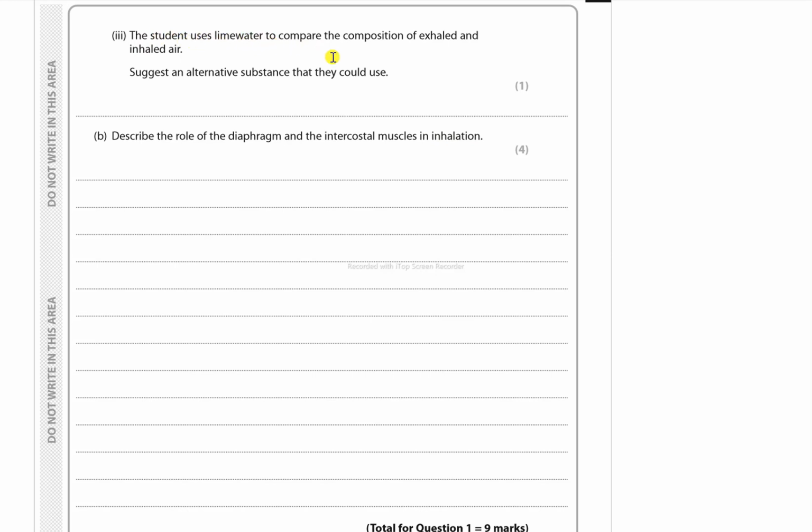The student used lime water to compare the composition of exhaled and inhaled air. Suggest an alternative substance. Okay.